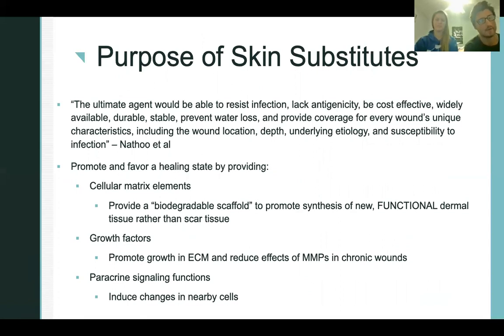They promote and favor a healing state by providing cellular matrix elements, by providing a biodegradable scaffold to promote synthesis of new functional dermal tissue rather than scar tissue, growth factors, promote growth in the extracellular matrix and reduce effects of MMPs in the chronic wounds, and then paracrine signaling functions to induce changes in nearby cells.